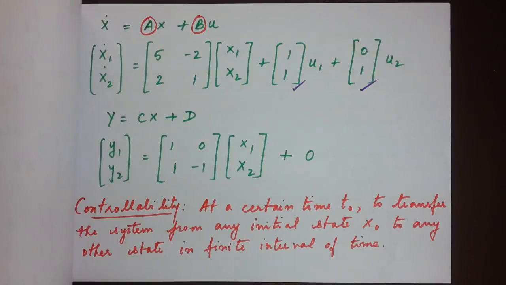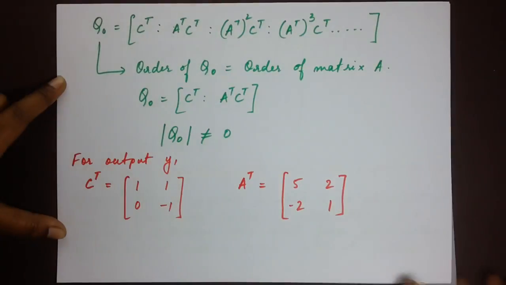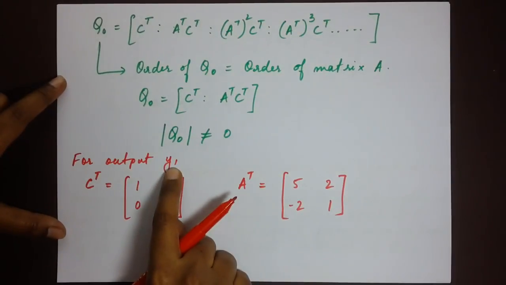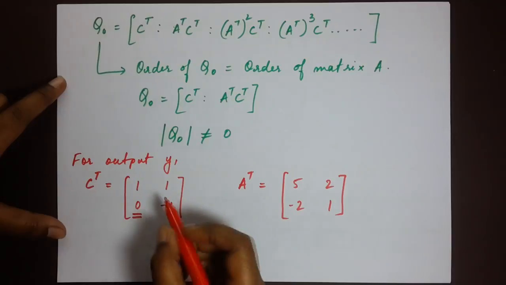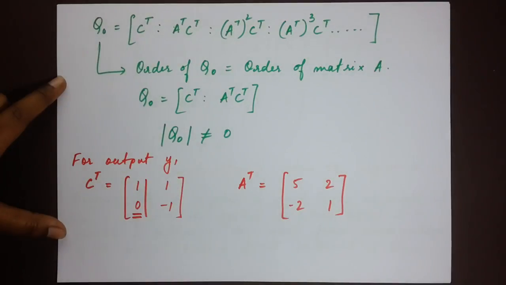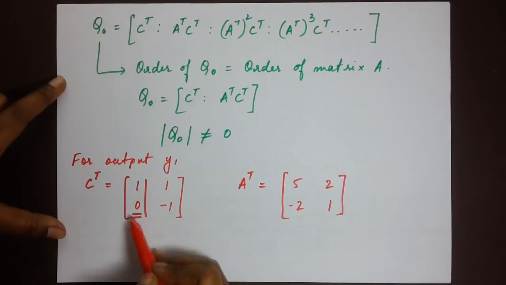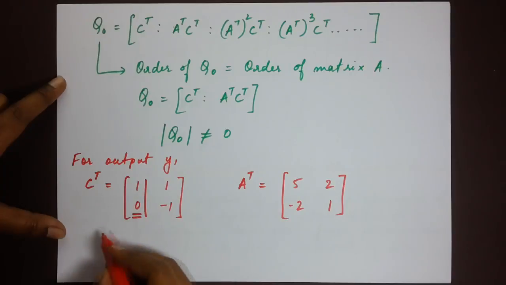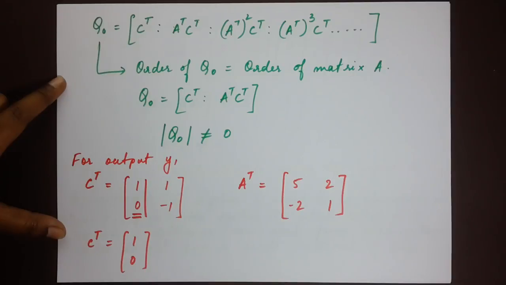We have to take it corresponding to x1 and x2, which means for output y1, we are going to take just the first column. So for y1, C transpose is 1, 0.